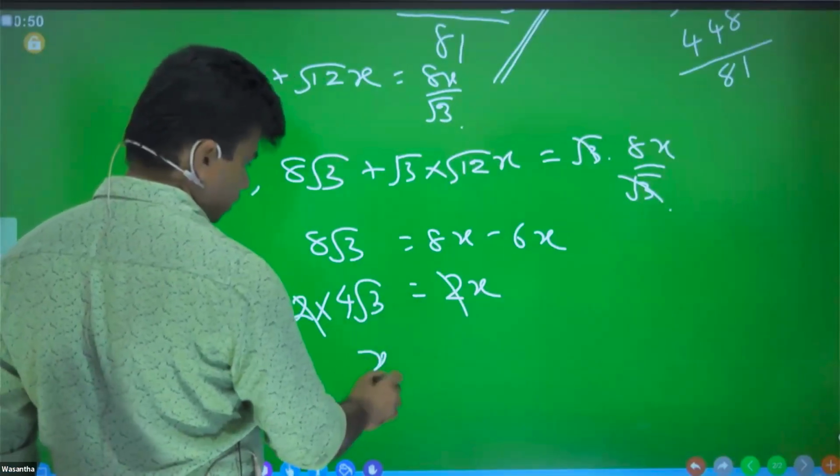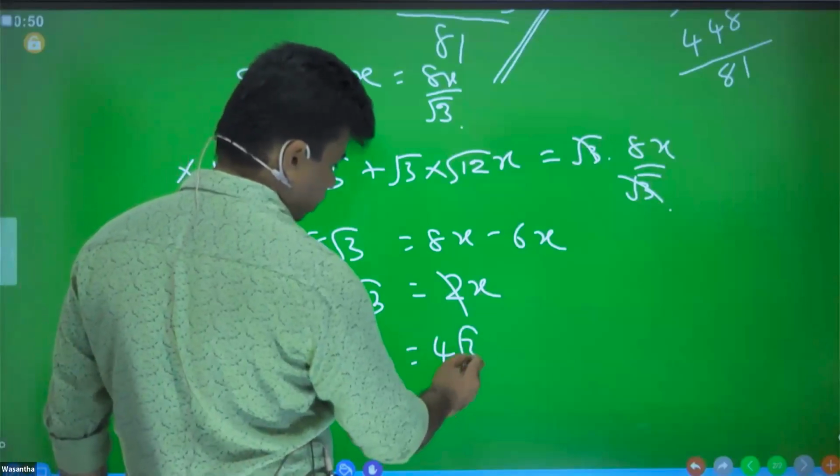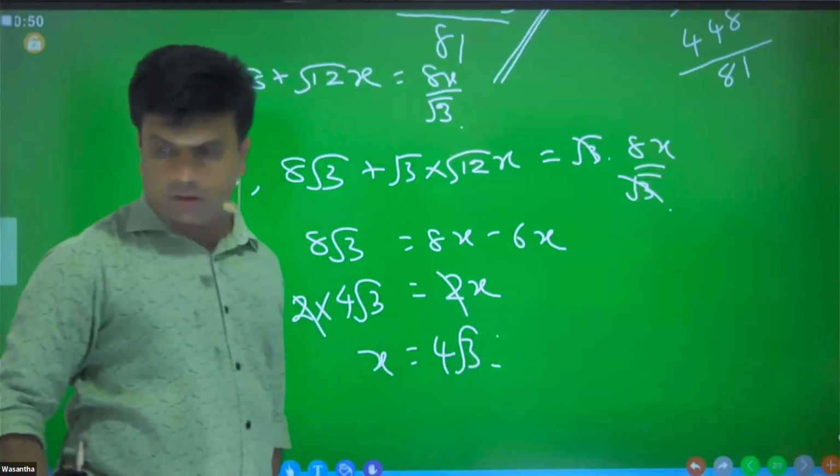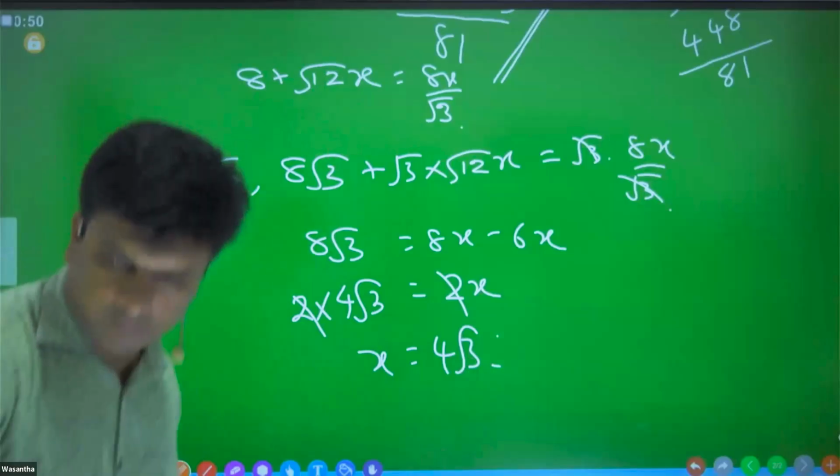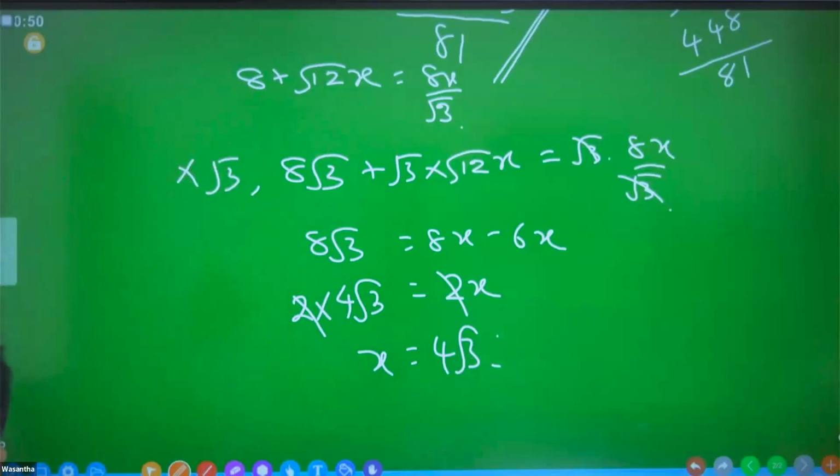Cut here, x equals 4 root 3. Who got this? Now, please raise your hand. Okay, good.